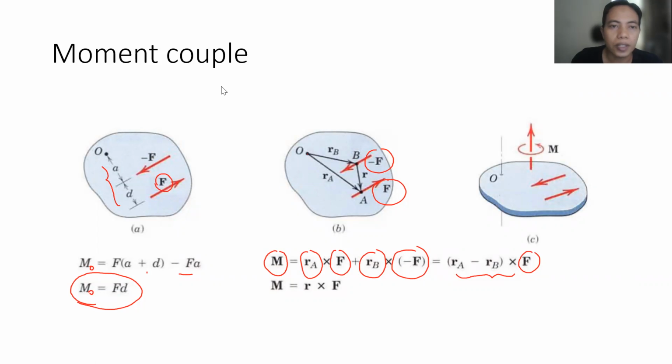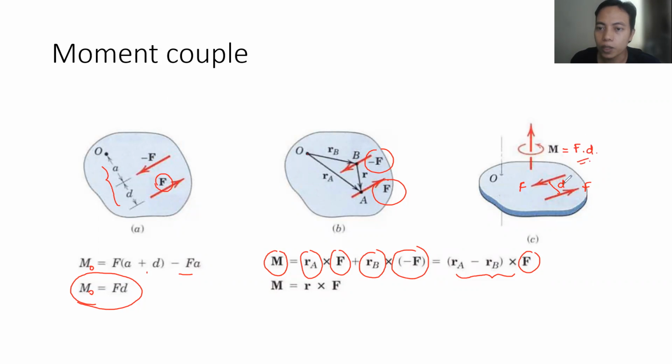So now let's make things clear by summarizing this discussion. If we apply a couple of forces which have the same magnitude but opposite direction, and they are separated by the distance of d, then we can calculate the moment created by the couple of forces, or simply the moment couple, as F times d.